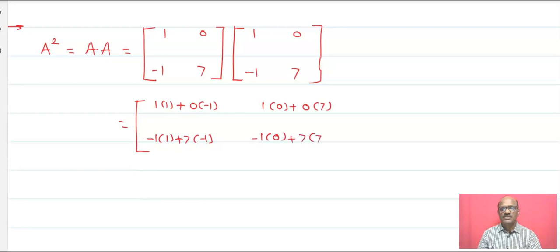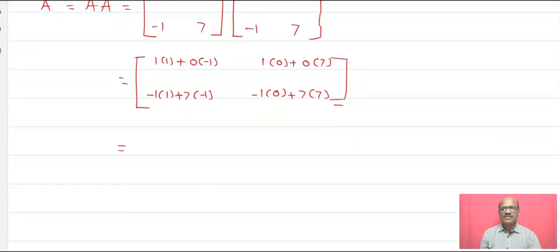Now last is second row, second column. You can see this. This is the repeated step. Repeated steps are here. This is the A square.